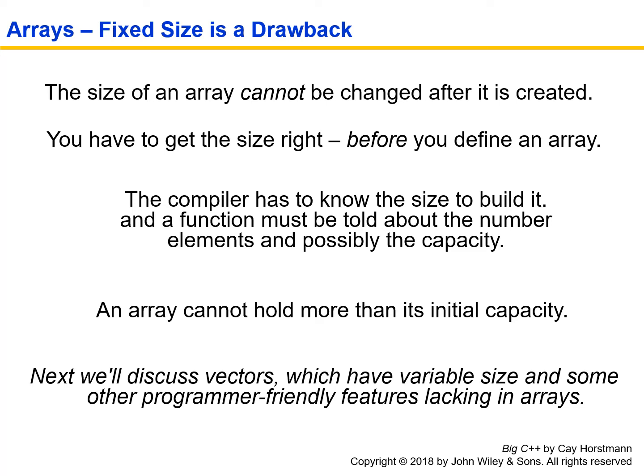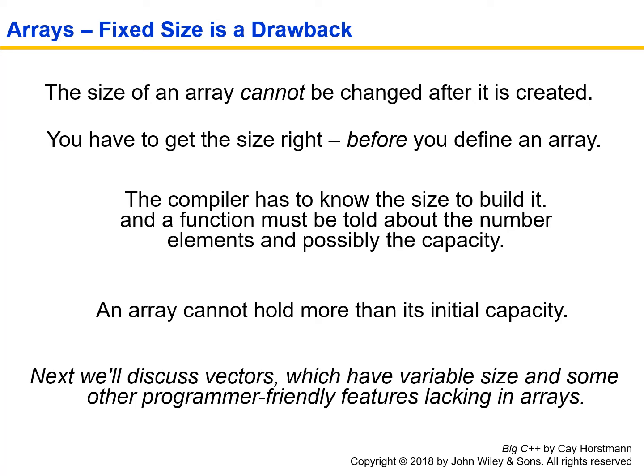And when you pass it to a function, the function has no way of knowing what size the compiler set for that array, so you have to tell it about the number of elements that you're using and possibly also the capacity that you built the array at. No array can ever hold more than its initial capacity, or you get overflow problems. So there are a number of reasons why arrays are not always the best choice.